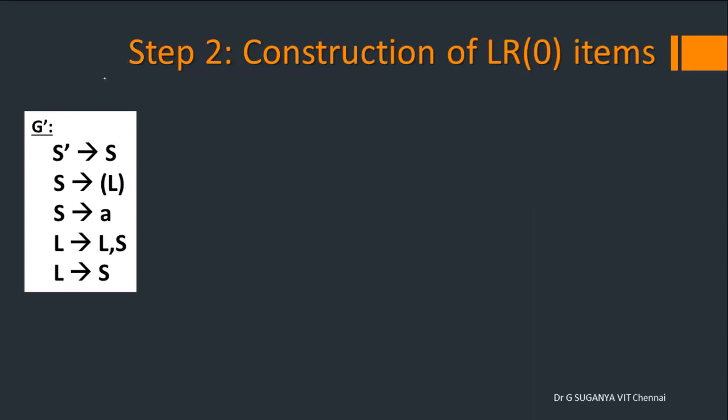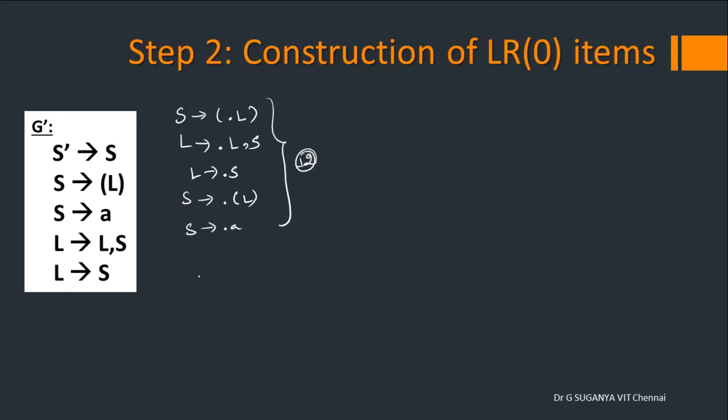Now we will move on. I'll write I2 once for you. It is S gives left bracket dot L, and L gives dot S, and hence we have included S production. So this becomes I2. Now we have to apply goto from I2 on all the possible symbols.